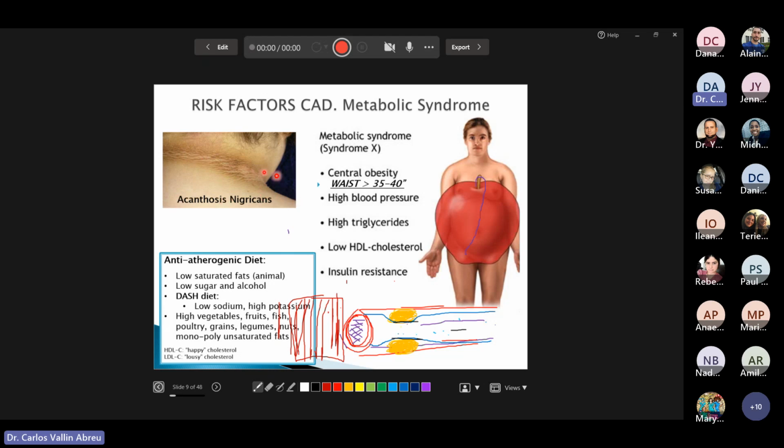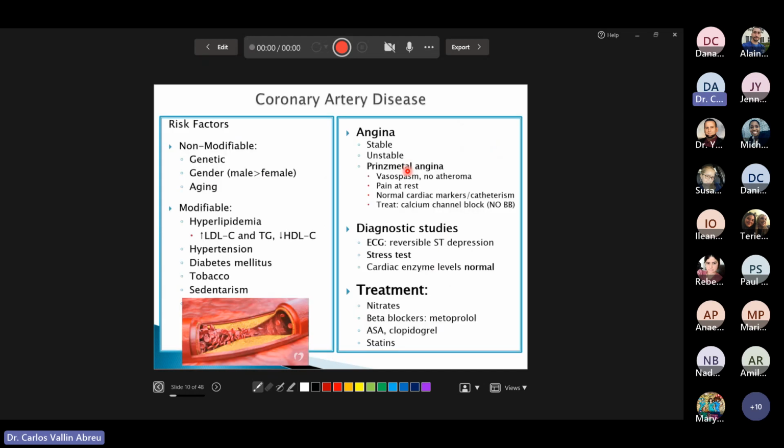This is the dark discoloration of the folds in the neck, armpits, and between the legs that are part of this metabolic syndrome. And if the obstruction is partial, you will have angina, which is chest pain when the client is doing exercise.